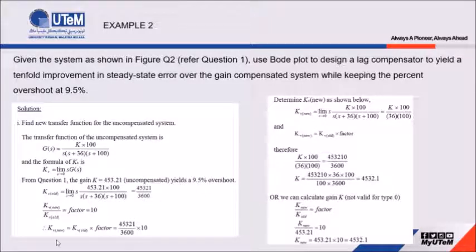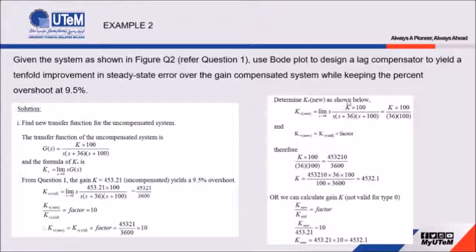In order to obtain that value of K, we use the formula for Kv again. Kv new is equal to the limit as s goes to 0 of s times K times 100 divided by s times (s plus 36) times (s plus 100), where we put all s here as 0.